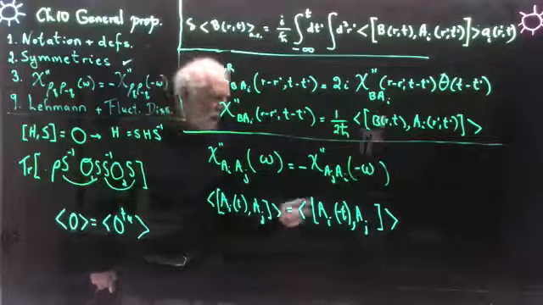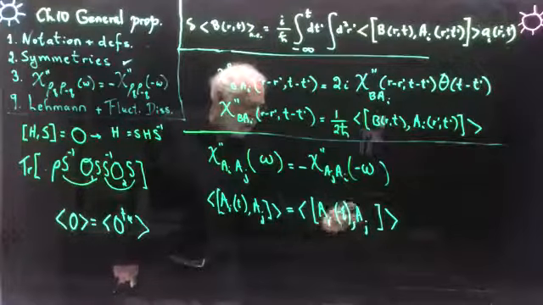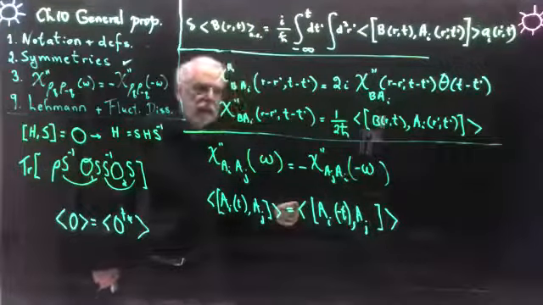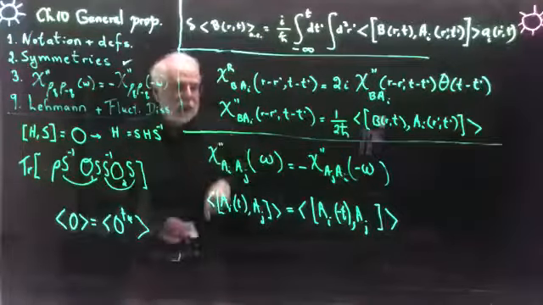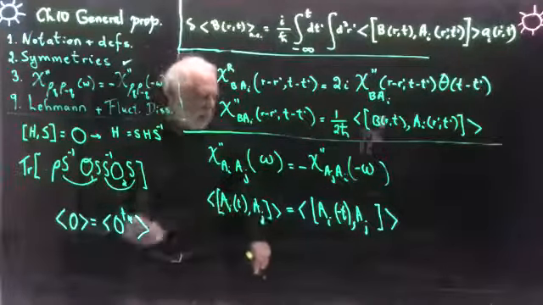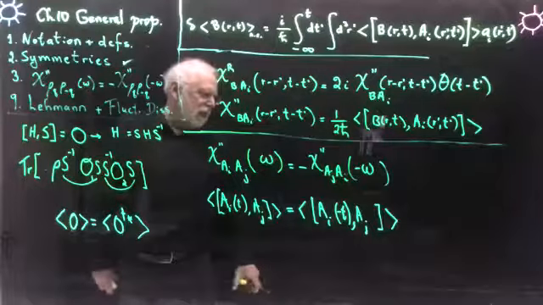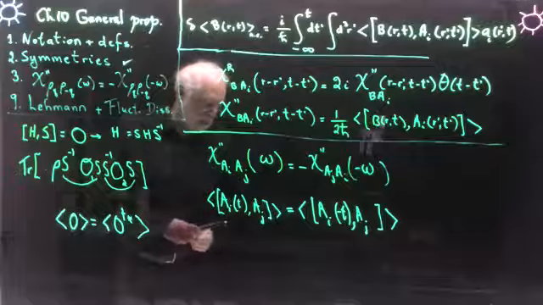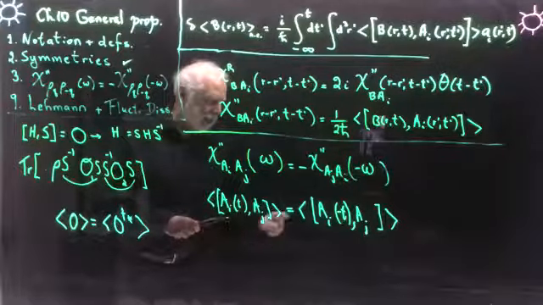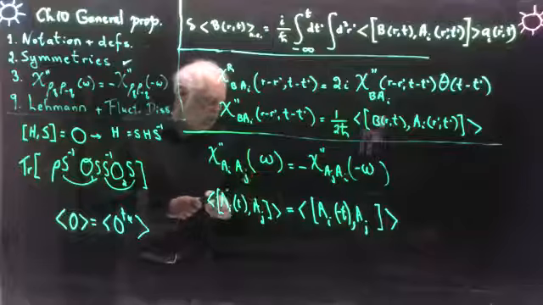If they have opposite signatures under time reversal, then I get a minus sign. So the star will give me a minus sign, like I showed at the beginning with the momentum operator.